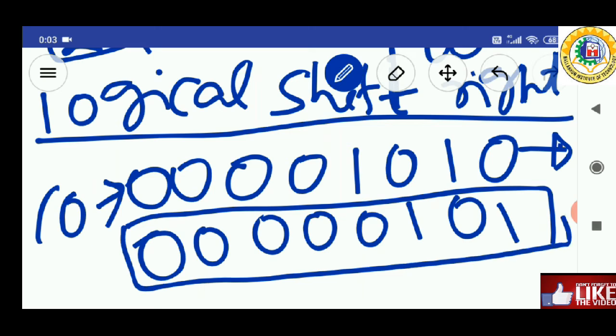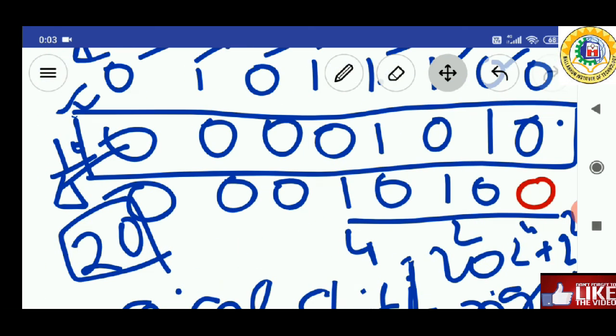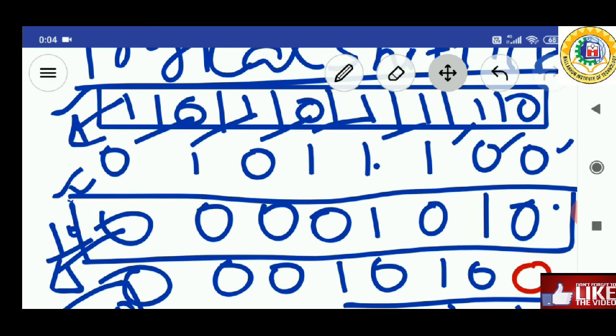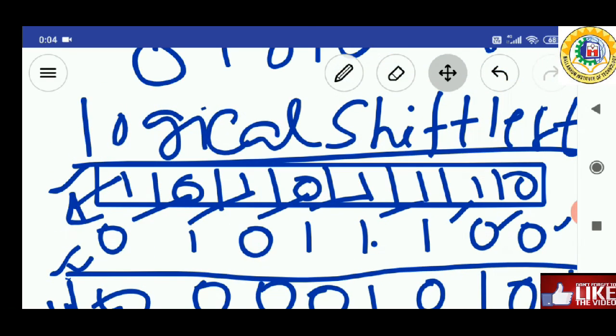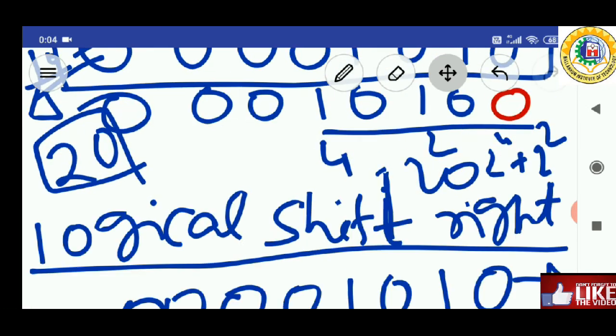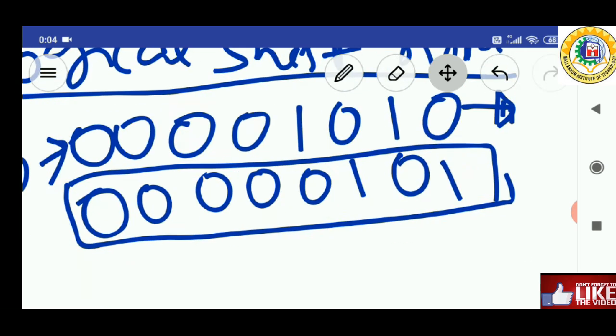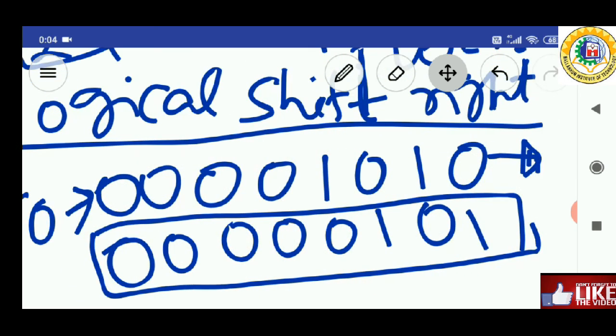In the case of the logical shift left, this data is dropped, and in the case of the logical shift right, the right data is dropped. Now you can see that this is the binary equivalent of 10, and this is the binary equivalent of 5.